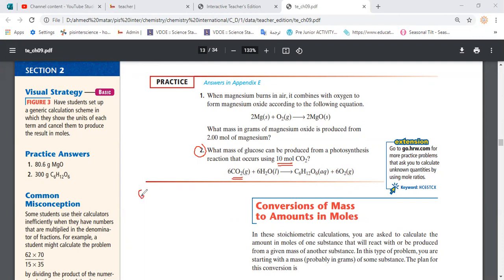So we have 6 moles of carbon dioxide. They could produce how many moles of glucose? How many moles here? There is no number, it means one mole. So here it produced 1 mole of glucose.